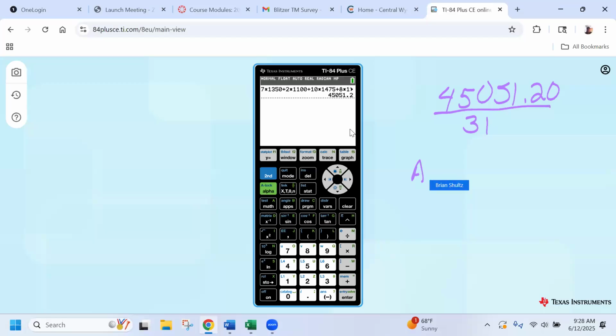Average daily balance is equal to, so I divide by 31. 1453.26.